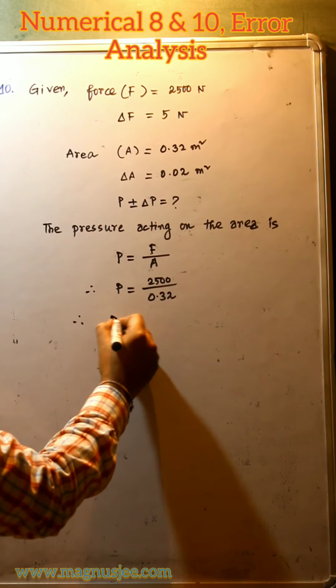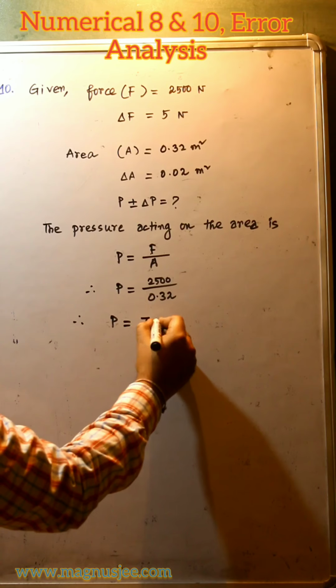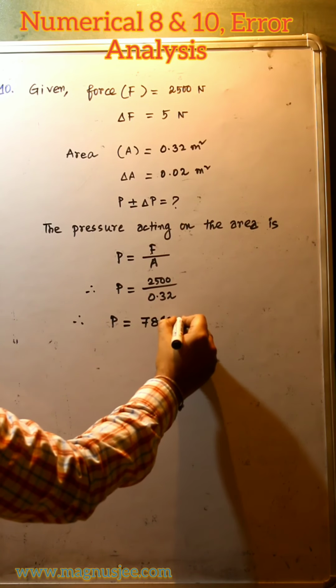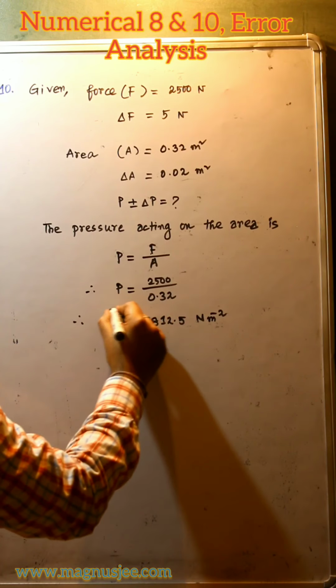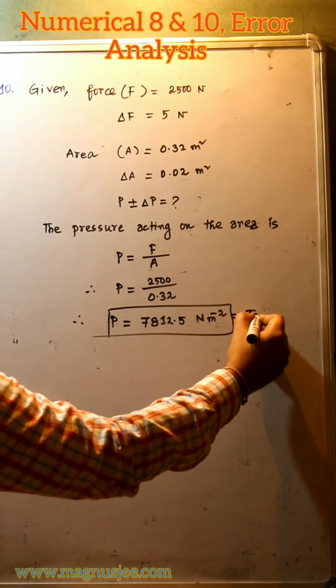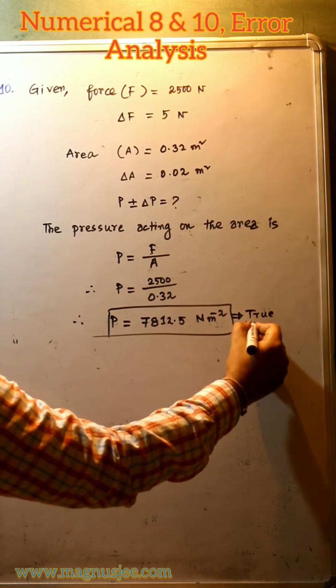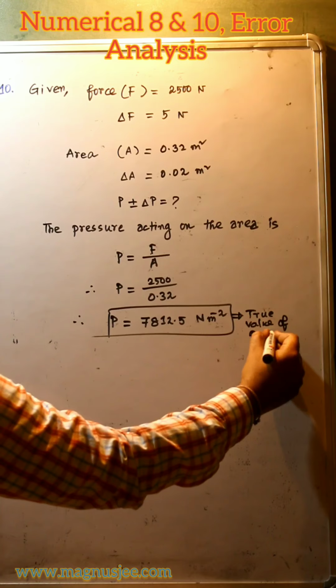So what will be the true value of pressure? If we find the value of pressure, that is 7812.5 Newton per meter square or Pascal. This is the true value of pressure.